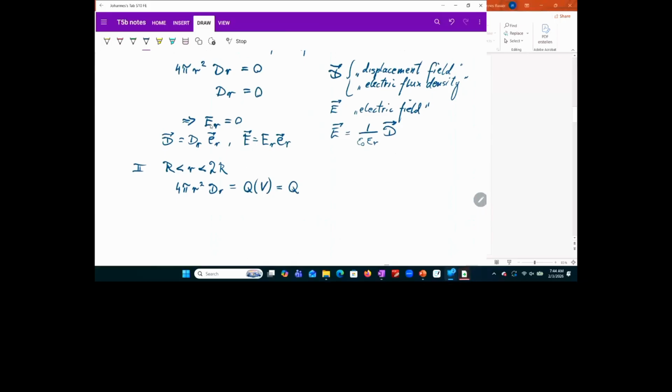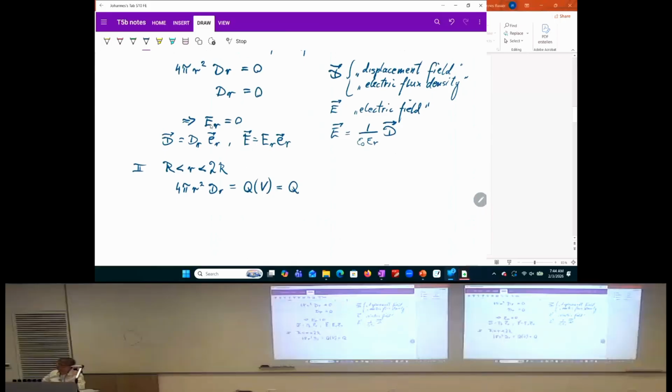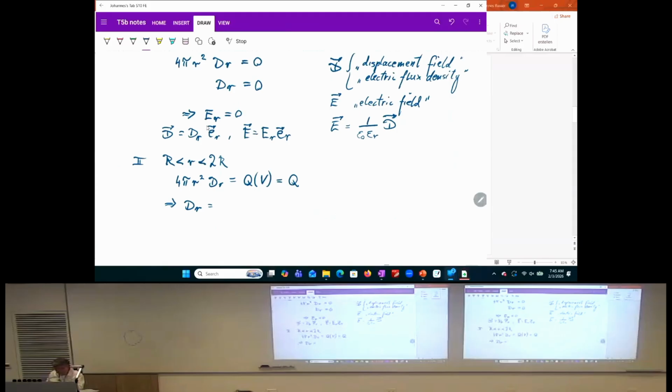So that means in this region, because we have a surface charge on the sphere and all the charge is distributed over the surface, but accumulated at the surface, then in the dielectric material here, we have an electric flux density, which is Q over 4 pi r squared.